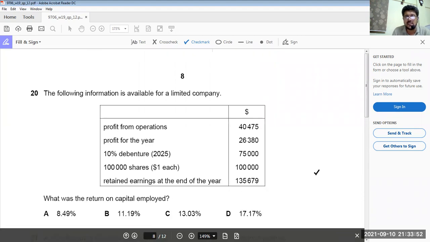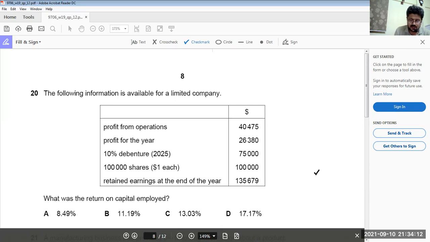The following information is available from a limited company: profit from operations, profit for the year, debentures, ordinary shares, retained earnings at the end of the year. What was the return on capital employed? First we have to calculate capital employed. Capital employed means shareholders' equity and long-term liabilities.